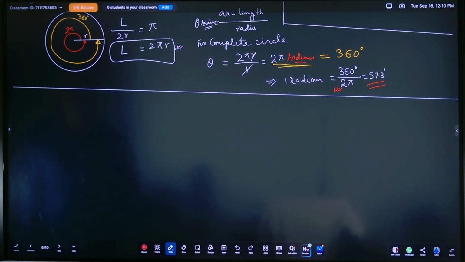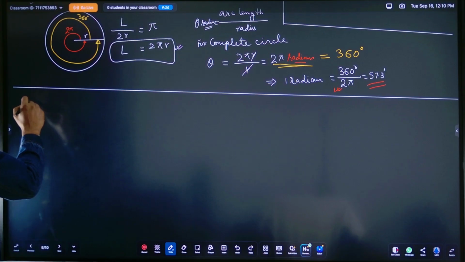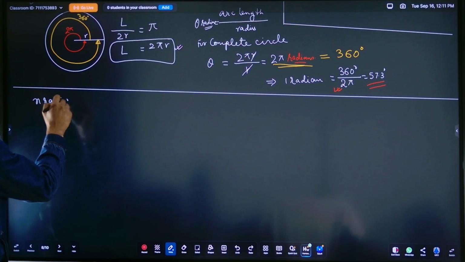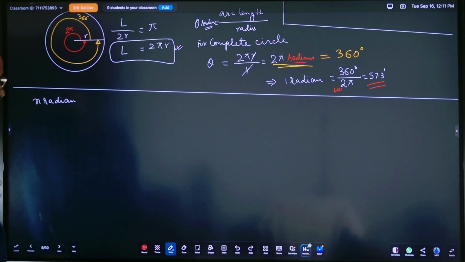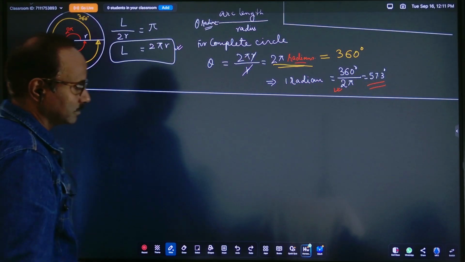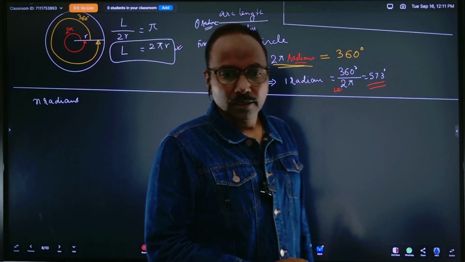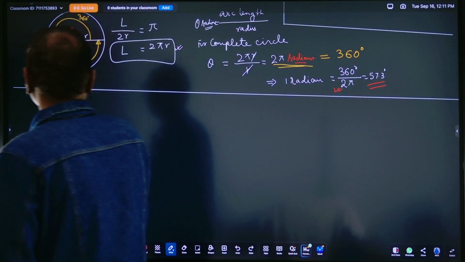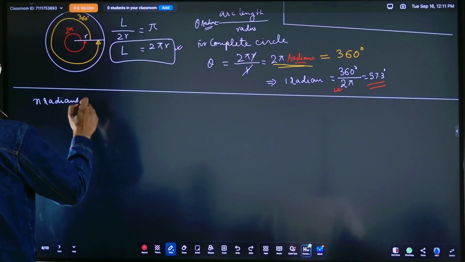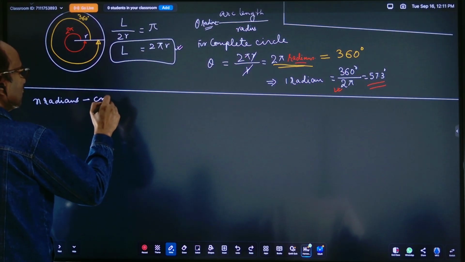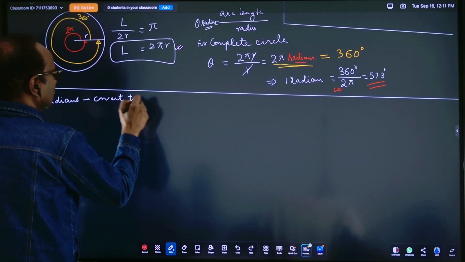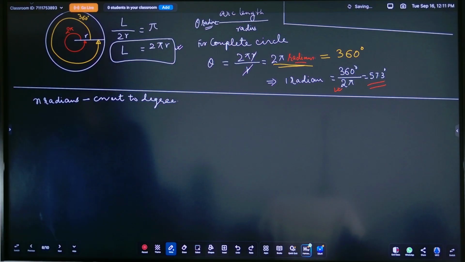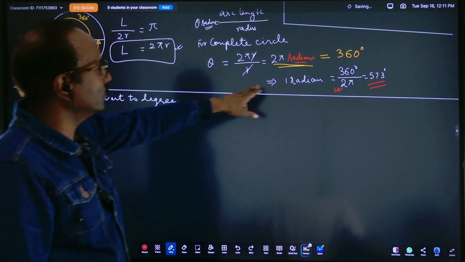If somebody gives you the value n radian, convert this into degree angle. So it is easier for you.